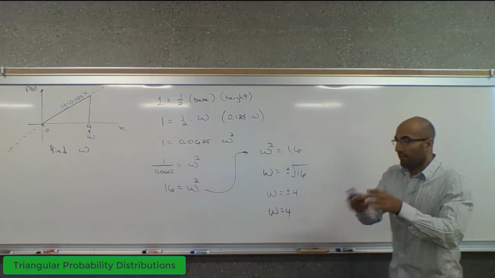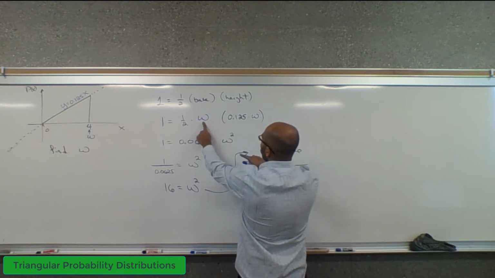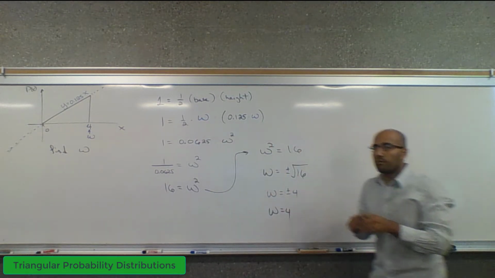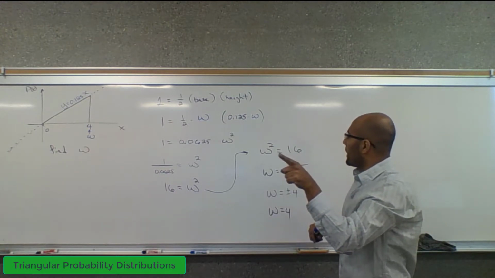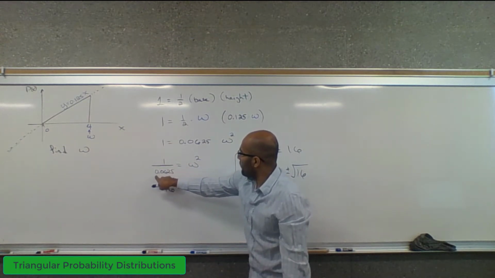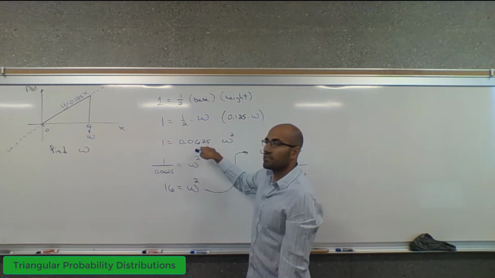Good? Yeah? Why did you square W? Oh, because I have a W from there, and I have a W from there, so together they give me W squared. W times W. Yeah, question? How did you get 16? Oh, right here. 1 divided by 0.0625 is 16. So I just divided both sides by this decimal.